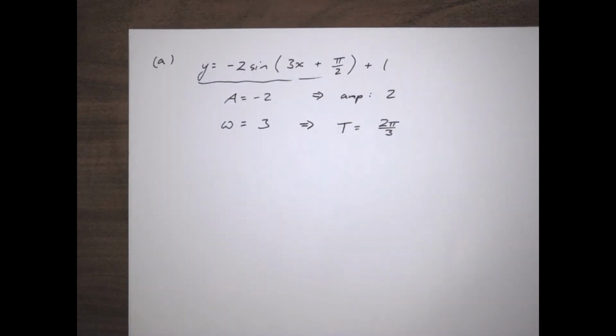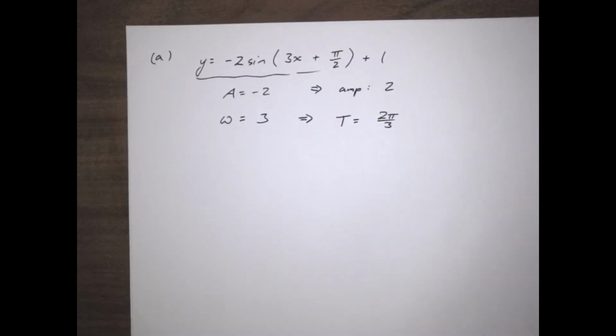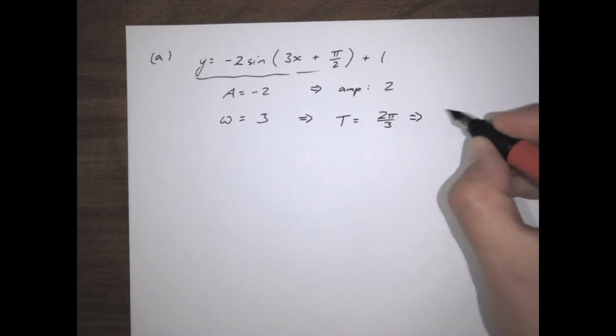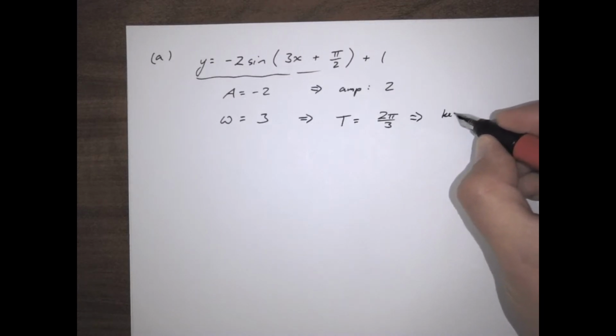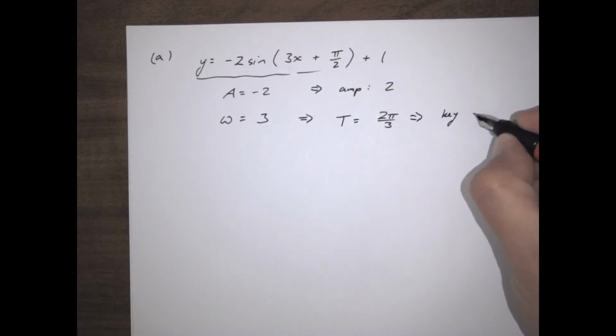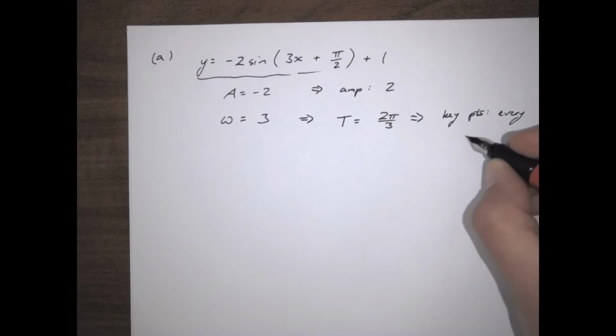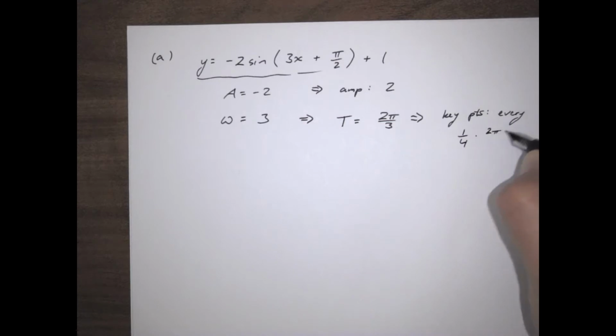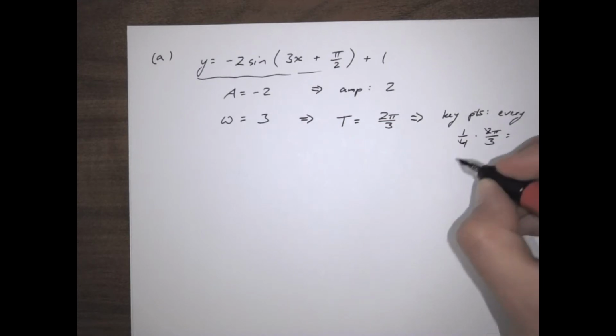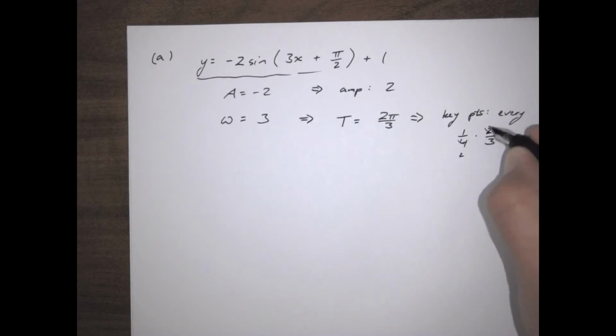Remember, for sines and cosines, it's 2 pi divided by the omega, which means that the key points will be 1/4 times 2 pi over 3, which, if we cancel a common factor of 2, is just pi over 6.